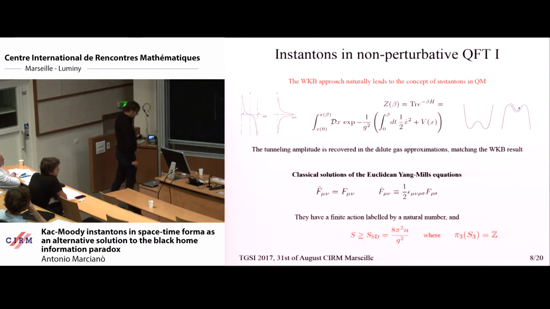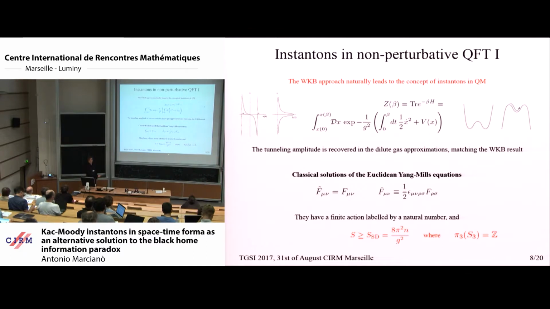And the other thing is that for them, you can find that the action is always at a maximum. The action evaluated on the self-dual and anti-self-dual solutions is proportional, since the F F-dual term can be written as the total derivative of the Chern-Simons action, and if the field configuration doesn't go too quickly to infinity, it is proportional to some finite number, which is actually an integer, and which introduces the third homotopy class, pi_3.